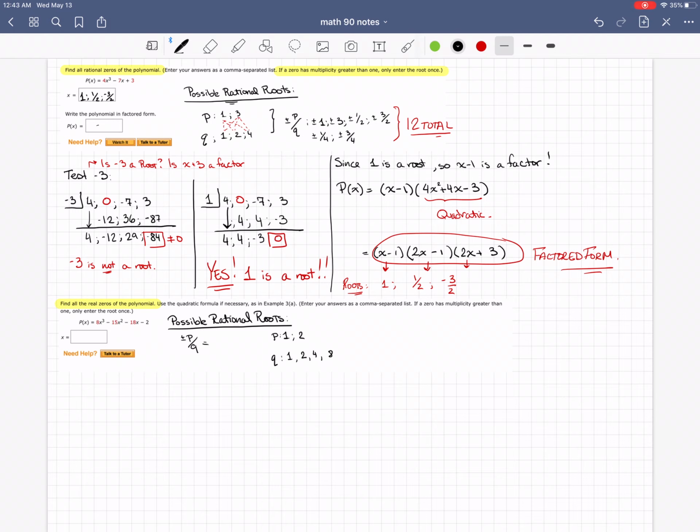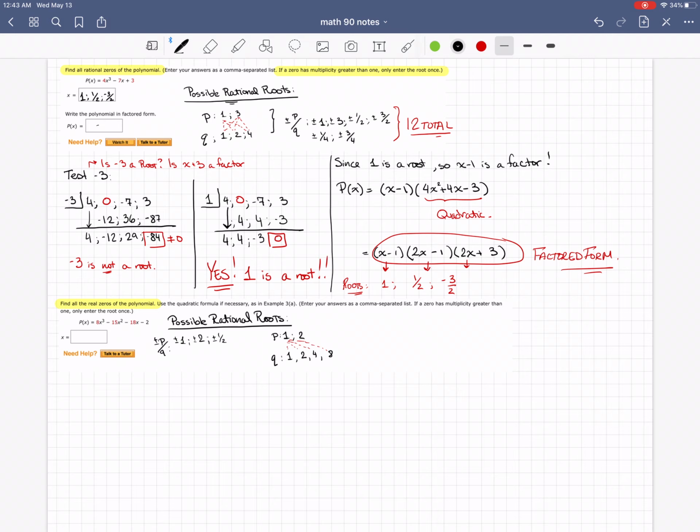Okay, so here goes. You'll remember that we said, and I'm not going to do this all the way through because the picture will get convoluted, but we're going to take everything in the row P and divide it by everything in the row Q. So plus or minus P over Q. We have plus or minus 1, plus or minus 2, plus or minus 1/2. Now check it out. That's the 1/2 from 1 divided by 2.